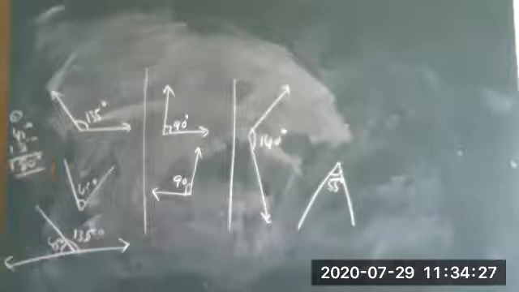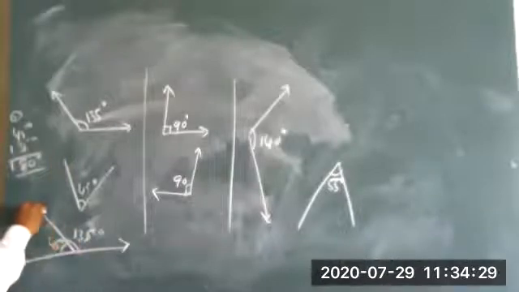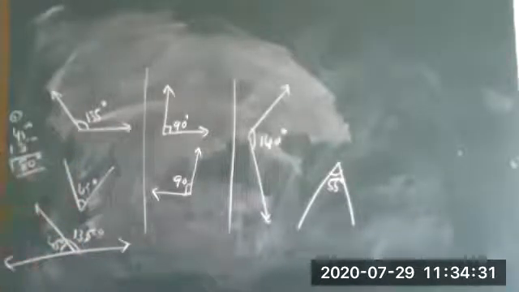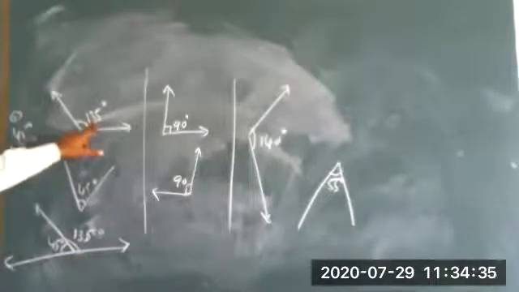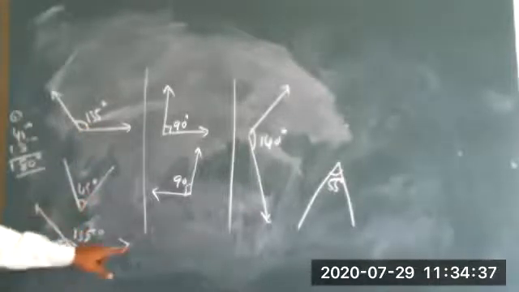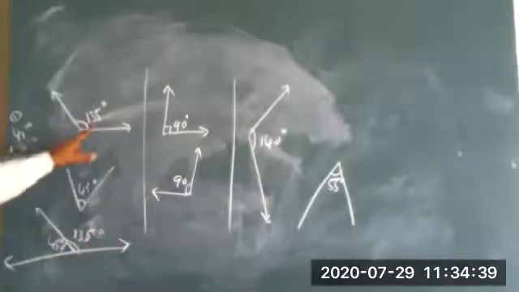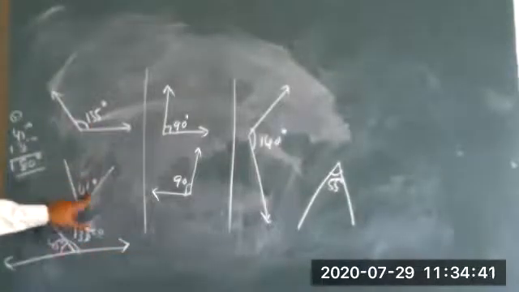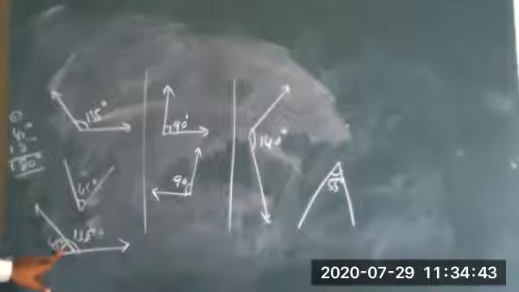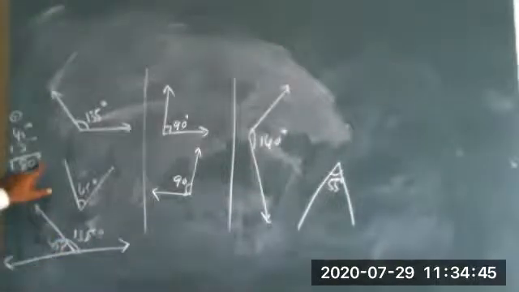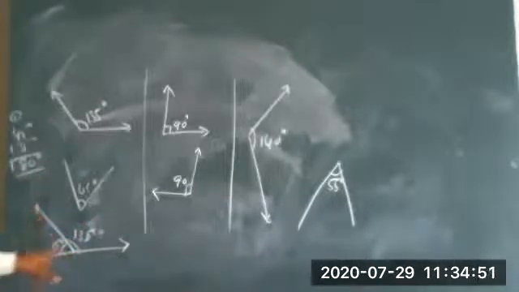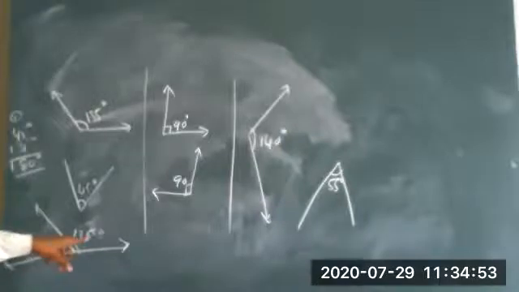Total how much, children? 180 degrees. So this pair is a what, children? A linear pair. Why? Because here 135 is given, here 45 degrees is given. So you draw like this: take 135 and put here, and take 45 degrees and put here. So 135 plus 45, total how much, children? 180 degrees. So this is a linear pair.